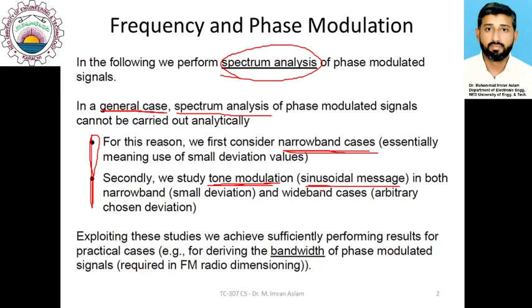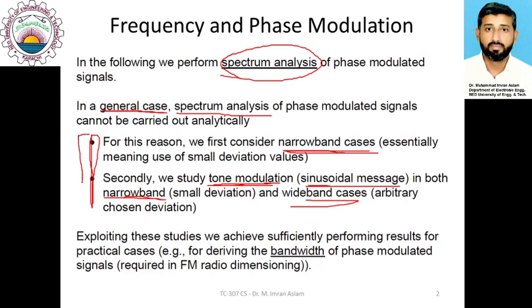By using that sinusoidal message signal, we'll try to derive some relationships related to the bandwidth of FM and PM signals. So from that we can also derive the narrowband bandwidth of signal and also the wideband bandwidth signals.